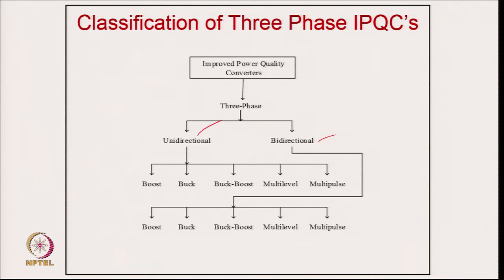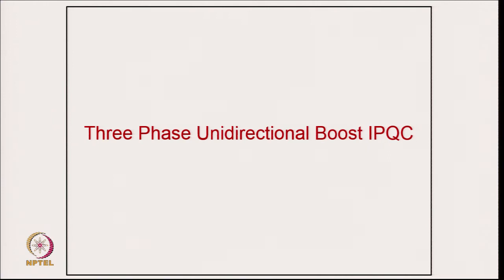We classify unidirectional further into categories of boost operation, buck boost operation, multi-level operation, and multiple converters, which is also coming up in a big way. We will discuss that in a separate lecture. Similarly, for bidirectional we have boost, buck boost, multi-level and multiples. So, you have typically these 10 categories of improved power quality converters in a 3-phase connected supply system.